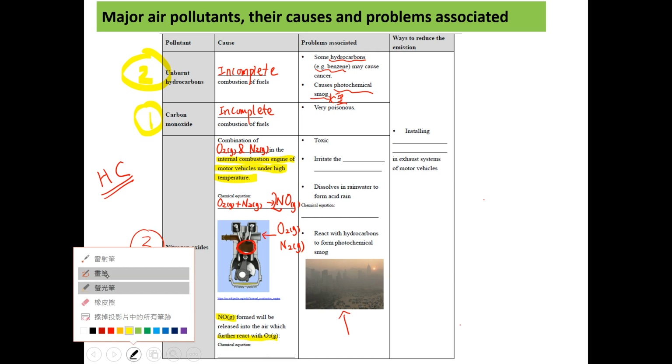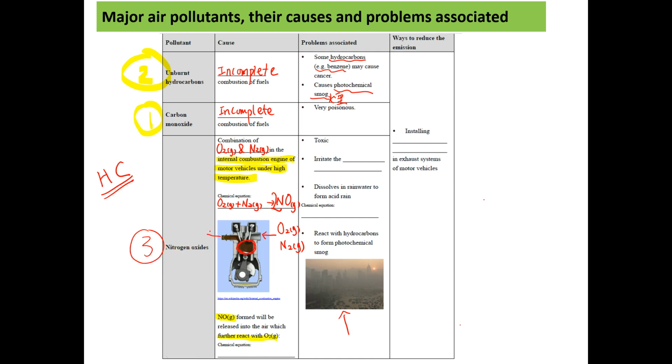It means that when nitrogen monoxide comes out, because the air contains oxygen, it will further react by this equation. Sorry, I don't have space, so I write here NO gas plus oxygen. So it will become nitrogen dioxide. So write down in your notes.